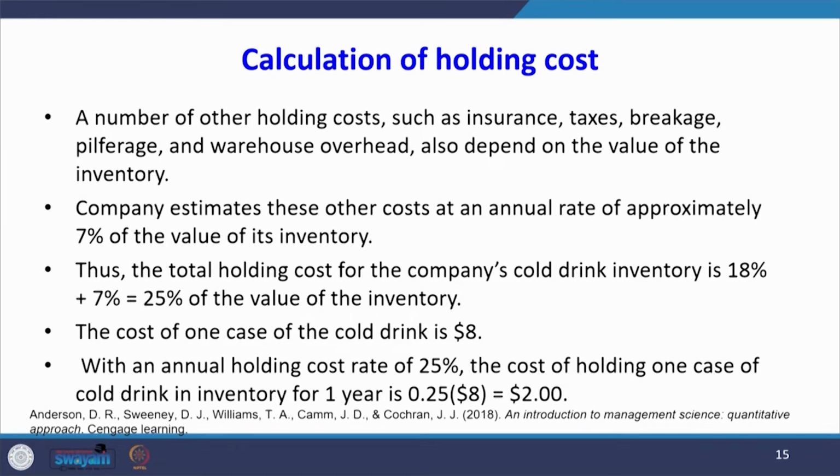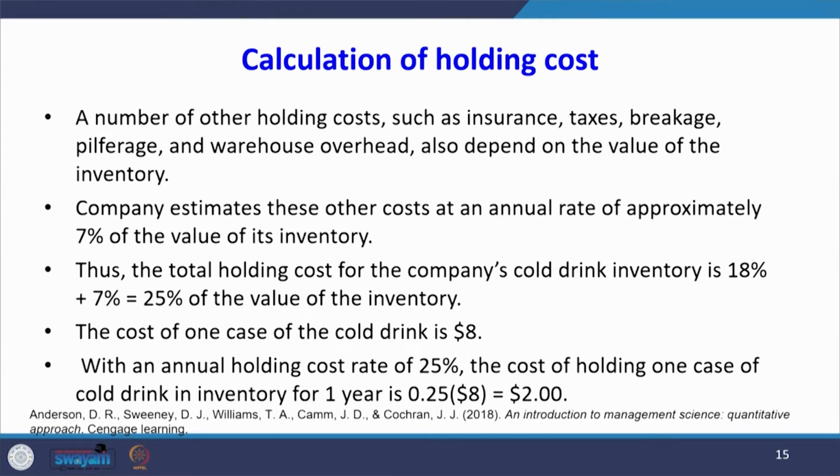So, the company estimates these other costs, other than the interest cost, at an annual rate of approximately 7% of the value of its inventory. So, the total holding cost for the company's inventory is 18% for interest, 7% for other expenses. So, 25% of the value of the inventory.